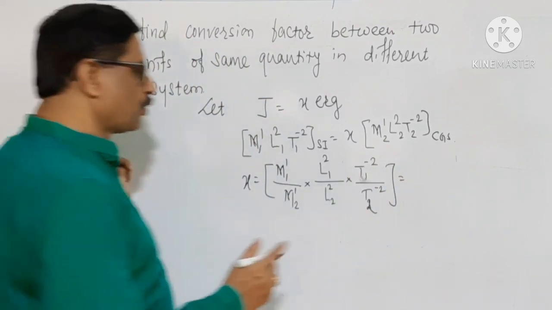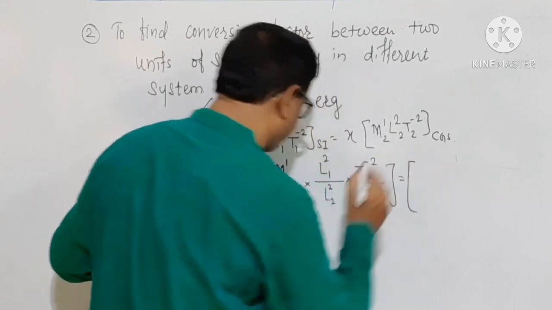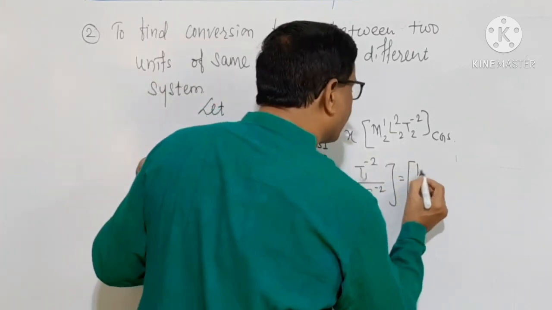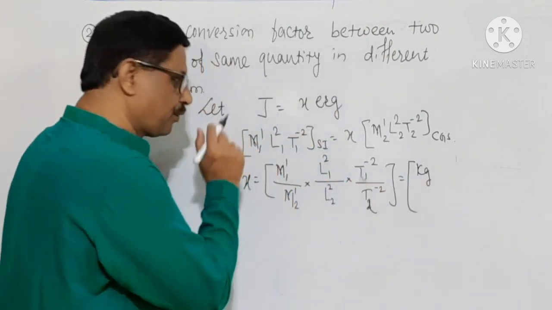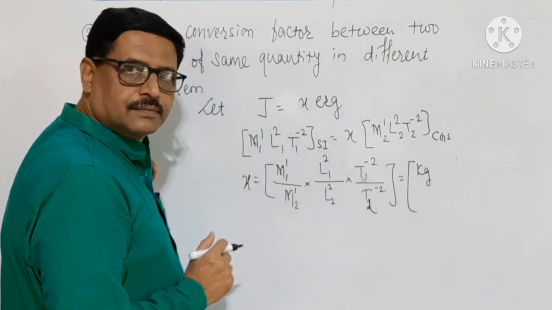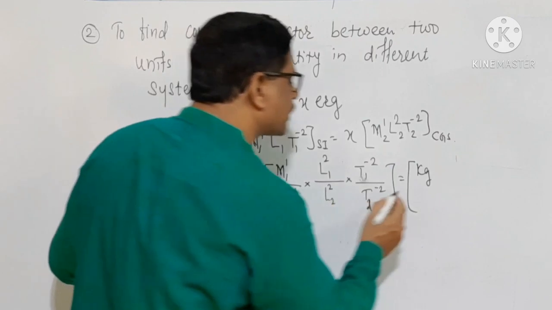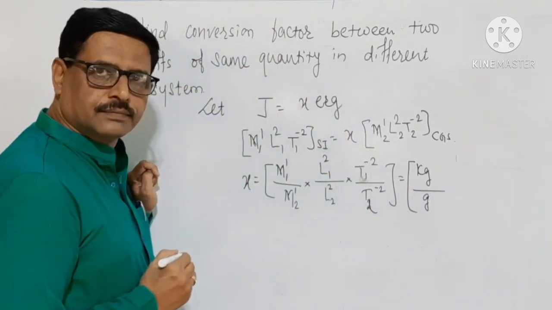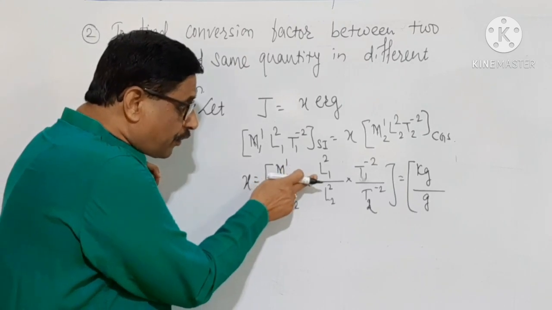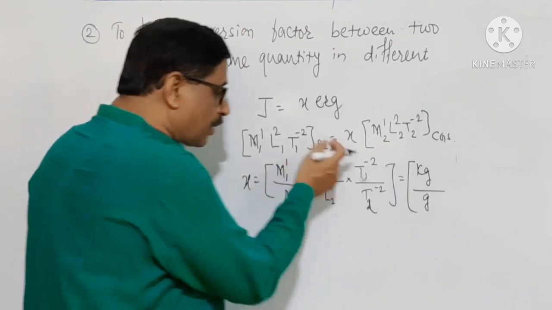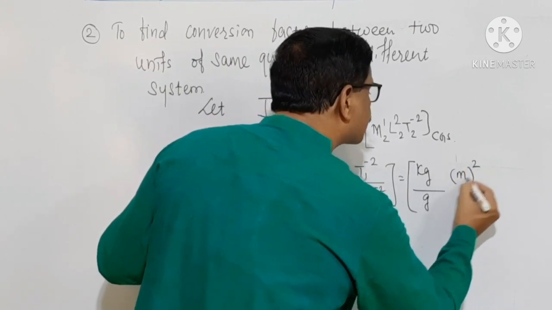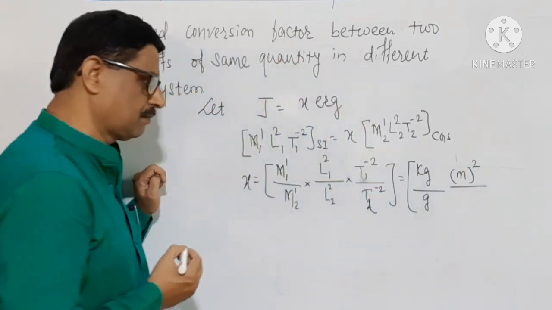Is equal to, I will write here, the base unit of mass is kilogram. It is raised to 1. Base unit of mass in CGS system is gram. Base unit of length is meter, and therefore I write here meter, but the power is 2, therefore meter square.